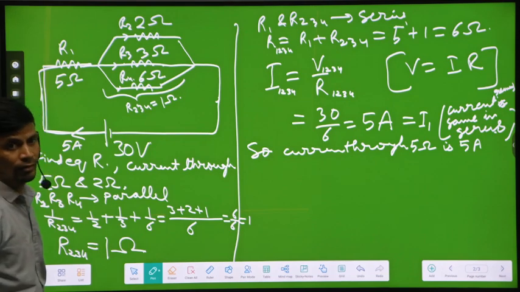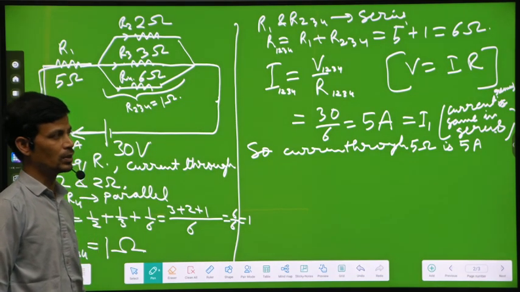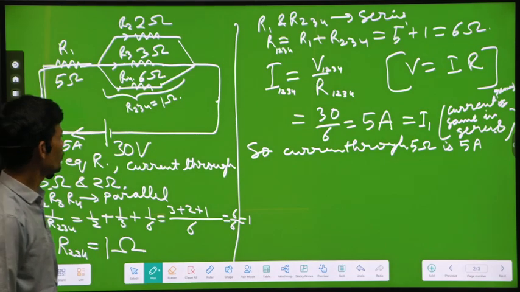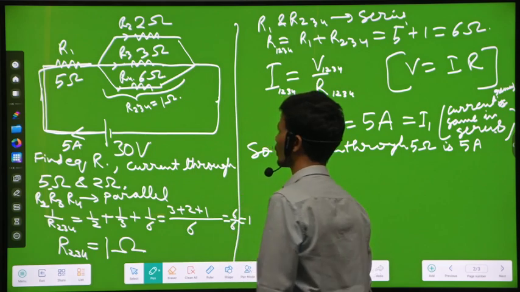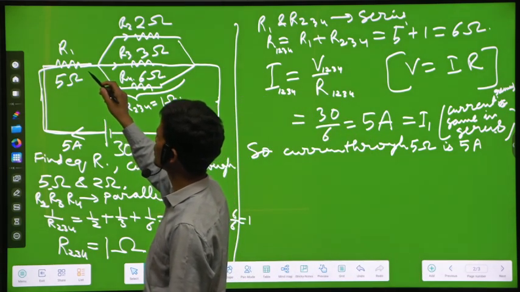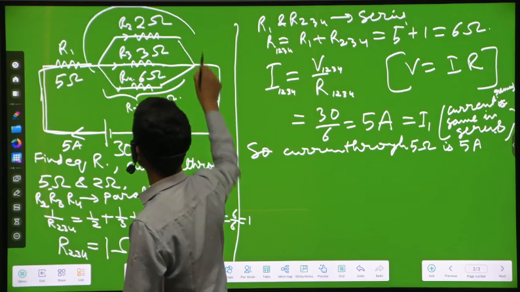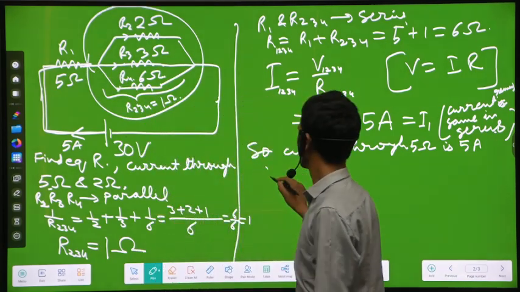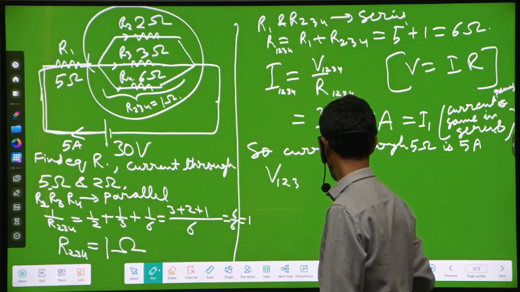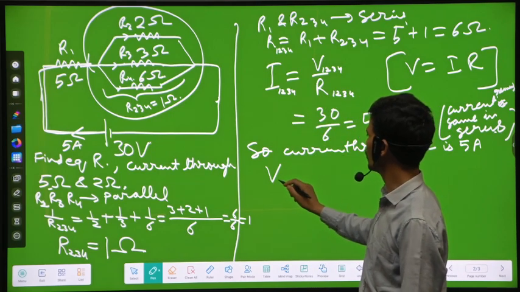So how to solve this question in this case? Here what we can do is find the potential difference across this combination, V234, sorry.